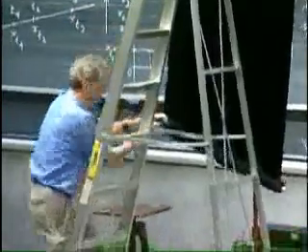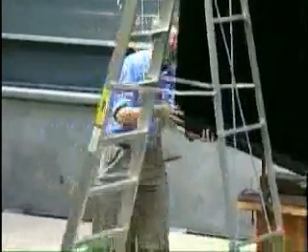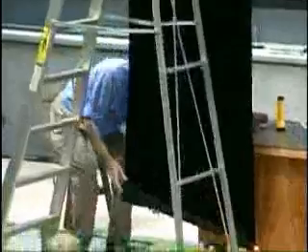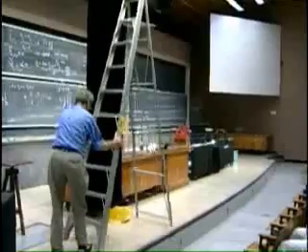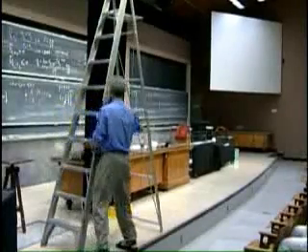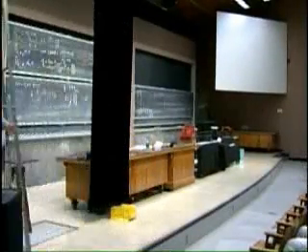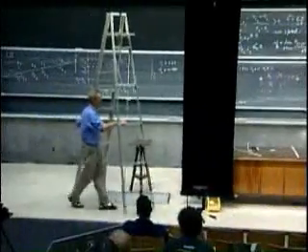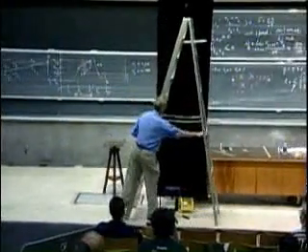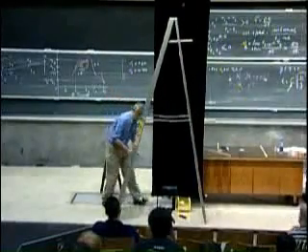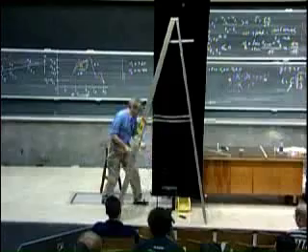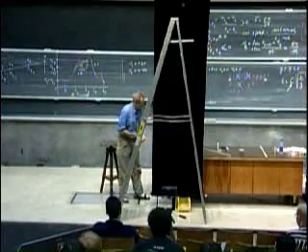Wow, with my fingerprints on it, it's not so black anymore. There it is. That's the background. Oh, what am I doing? I need the ladder again. I have to bring the apple up. Friday is always a bad day for me. Okay. So now I'm going to bring the apple up.